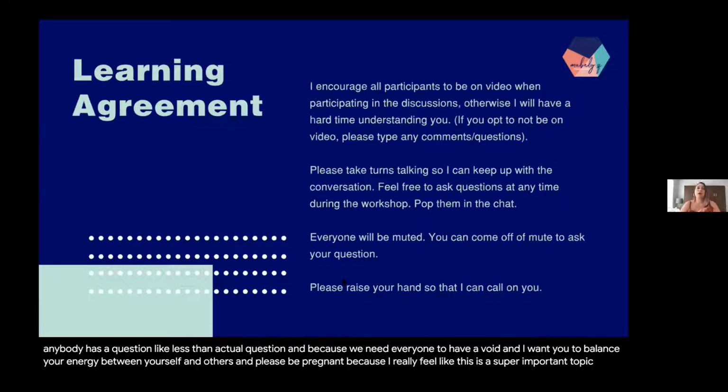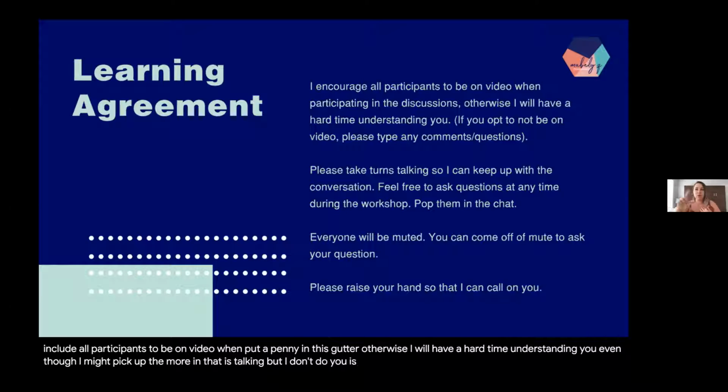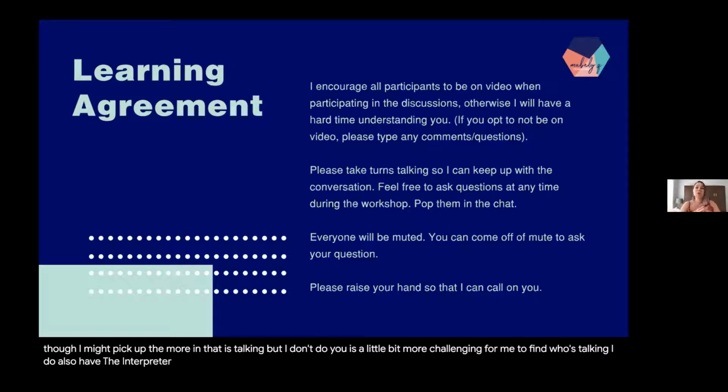All right. I encourage all participants to be on video when participating in discussion. Otherwise, I will have a hard time understanding you. Even though I might pick up someone that is talking, if I don't see you, it's a little bit more challenging for me to find who's talking. I do also have the interpreter. So if you do need the interpreter to sign, please let me or Sarah know in the chat, so we can make sure she starts signing.